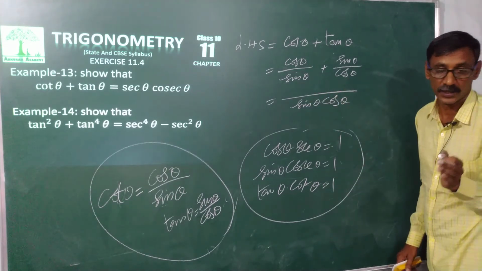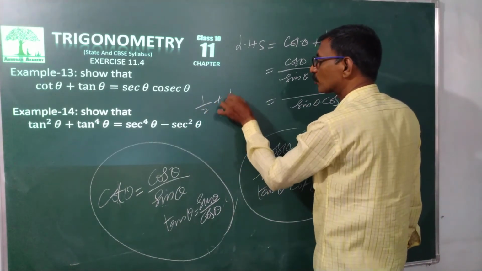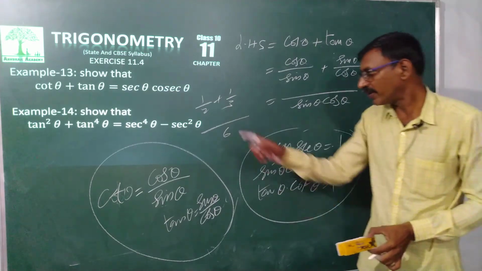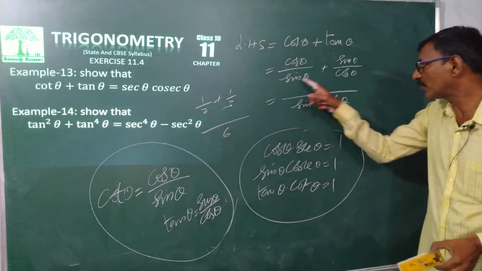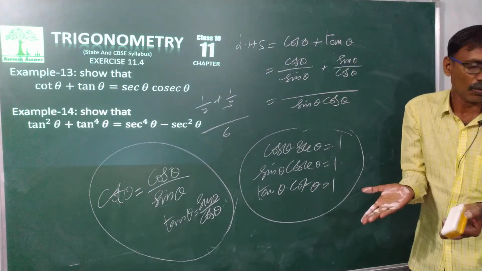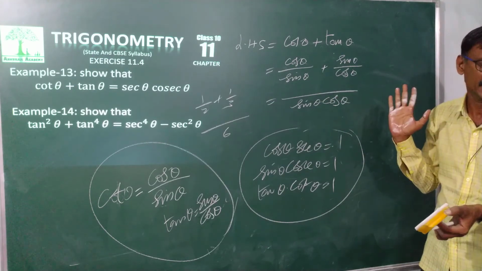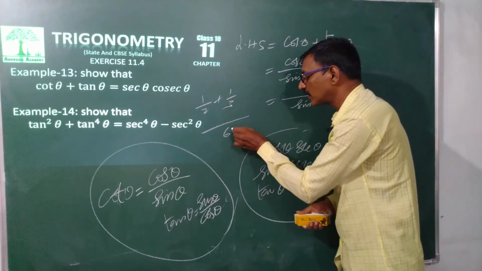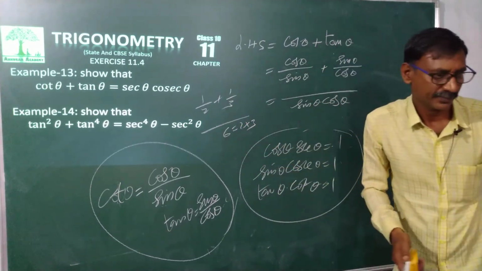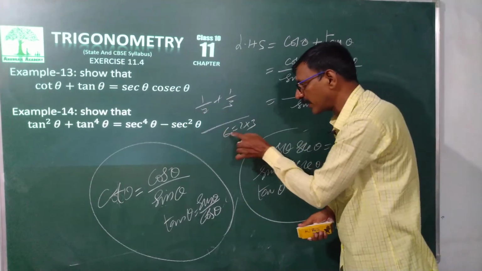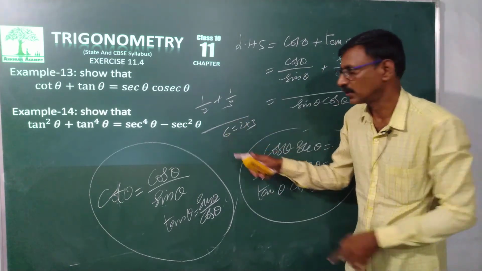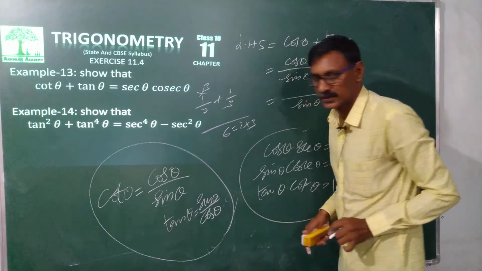Let me give an example: 1 by 2 plus 1 by 3. What to do? LCM is 6. Here we can multiply; here we are not able to multiply because we don't know what is this and what is that. That's the reason their product is taken here. 6 is nothing but 2 and 3. So how many times is 2 in it? 3 times, so 3 is multiplied by this.